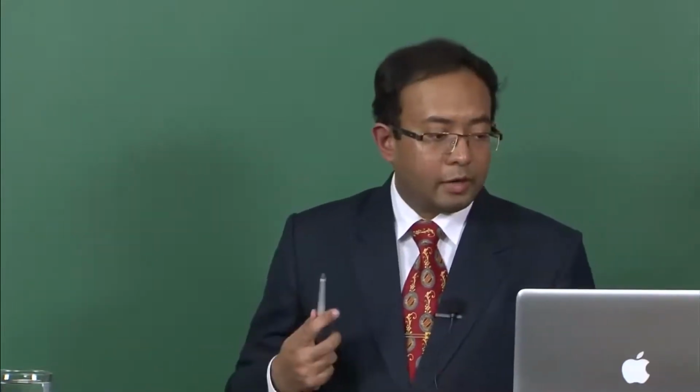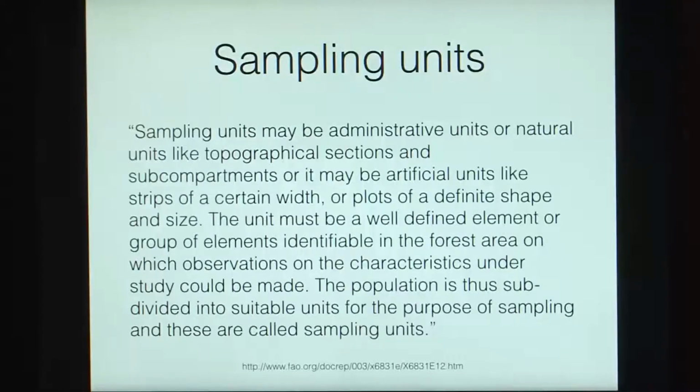So, in this case we are taking an artificial unit which is called a sampling unit. The unit must be a well defined element or group of elements identifiable in the forest area on which observations on the characteristics under study could be made. So, whenever we are defining a sampling unit, it must be a well defined element.